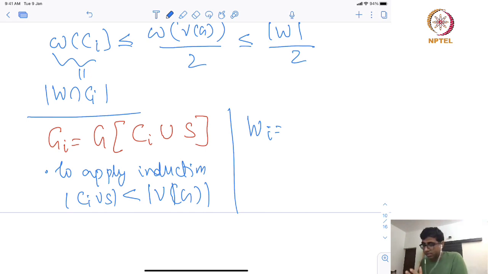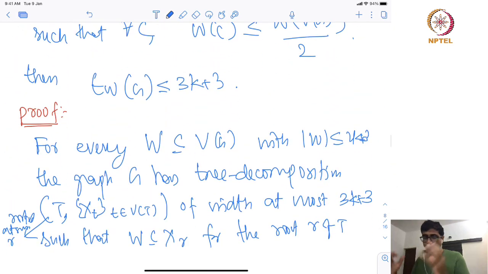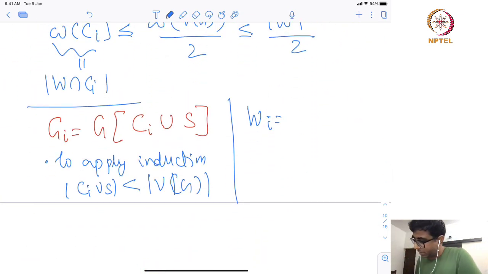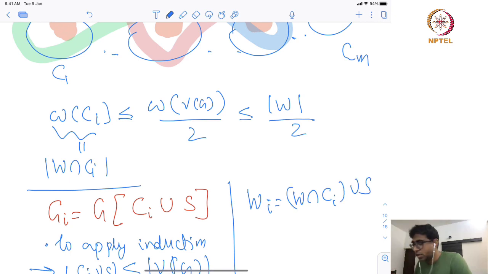What I'm proving inductively is that, given a graph G and a set W of a particular size, I can come up with a tree decomposition such that the root bag contains the specified W. So now I'm going to call induction on this particular graph, and I'm going to set Wi as W intersection Ci union S.